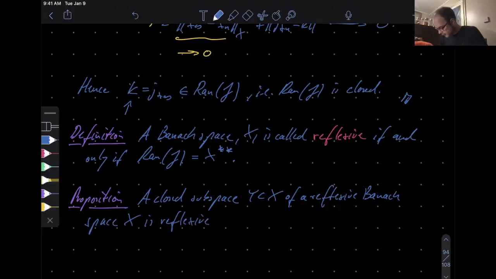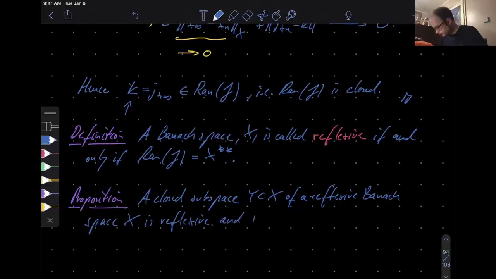Okay, so remember, whenever you have closed subsets in complete metric spaces, they are themselves complete. So this closed subspace Y here is itself a Banach space, so it makes sense to ask yourself whether it is reflexive or not, and as it turns out, it is, precisely when the bigger one is also reflexive. All right, that's the first thing.